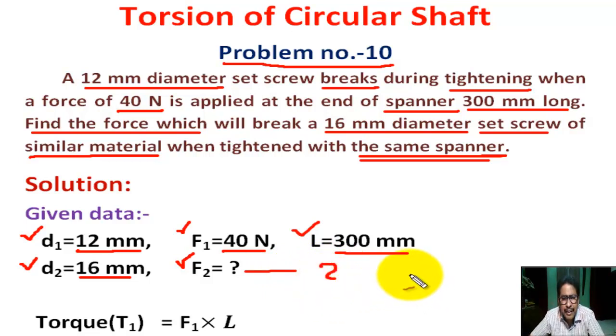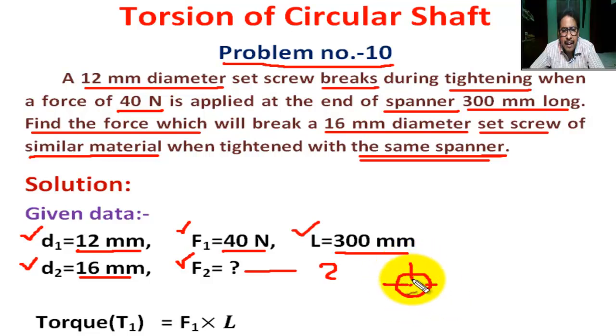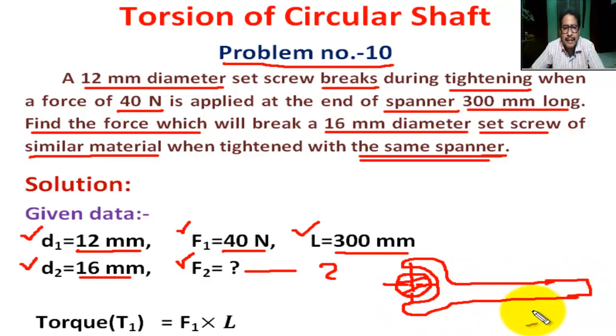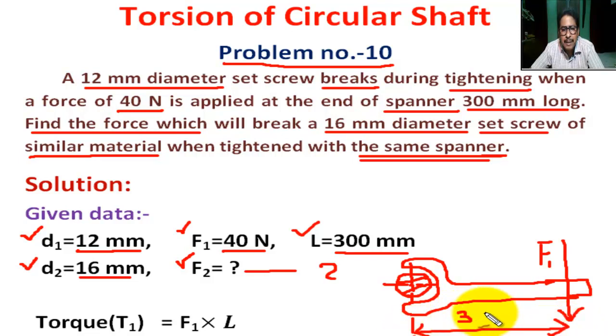Here, if this is the set screw and this is the spanner, then force applied F1, length of the spanner 300 millimeter.